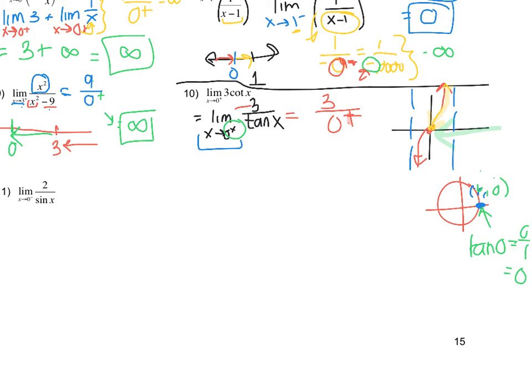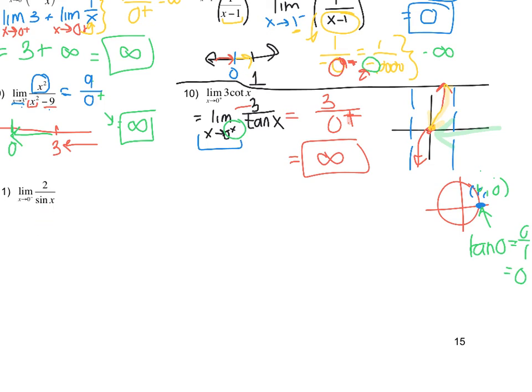So now we can think about what this would end up being. 3 divided by a very small positive decimal is positive infinity. So you don't have to remember too much about your trig functions other than maybe a couple points from the unit circle and a quick visual of the graph.